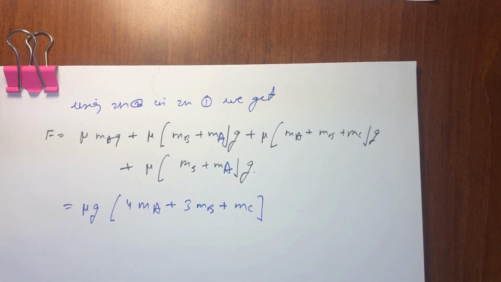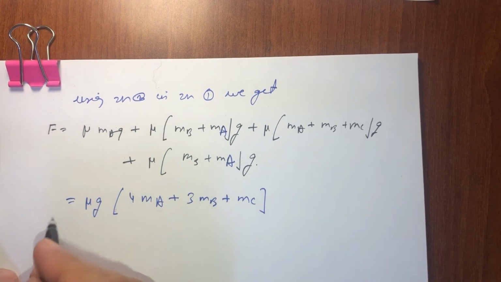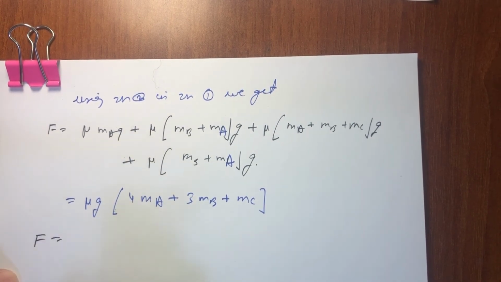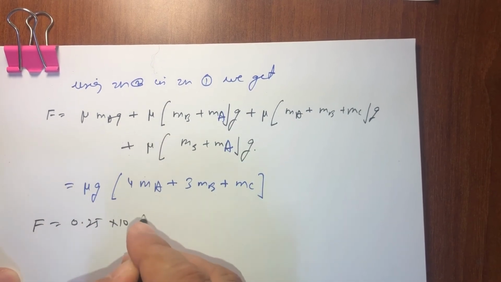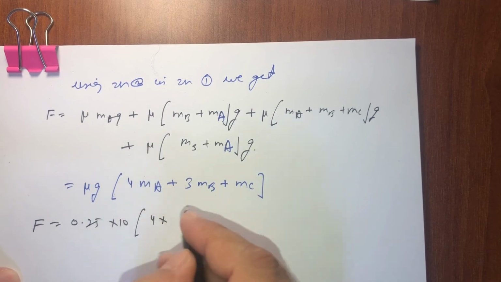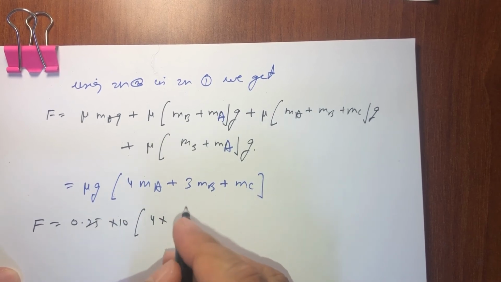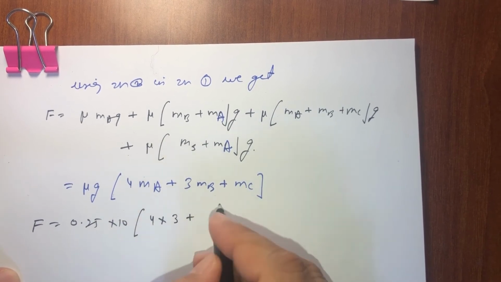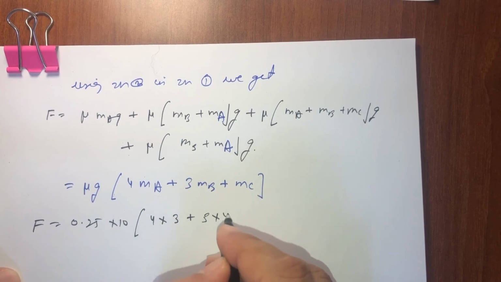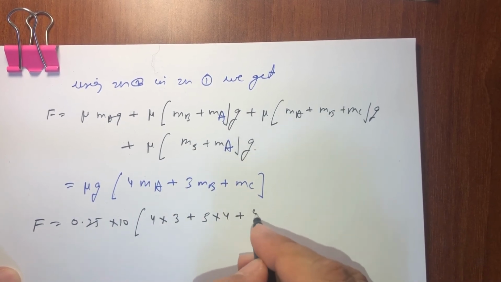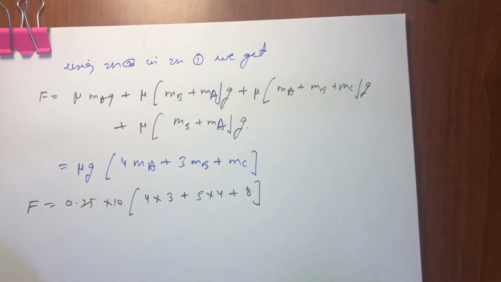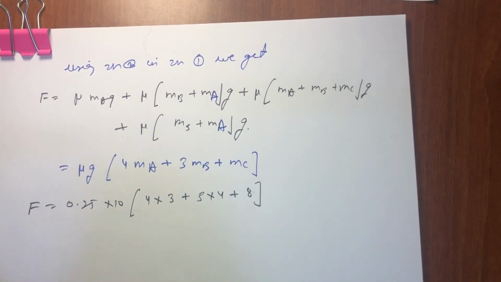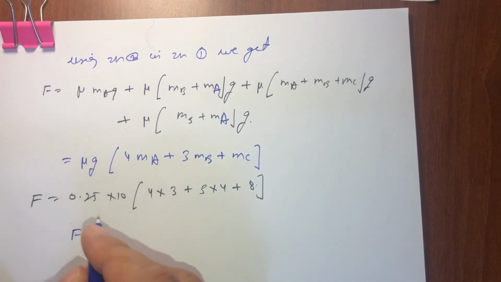Now we put in the values, we get F is equal to mu is given as 0.25, g is taken as 10, so we have 4 into MA, MA is 3, plus 3 into 4 plus MC is 8. If we solve it, we get F is equal to 80 Newton.